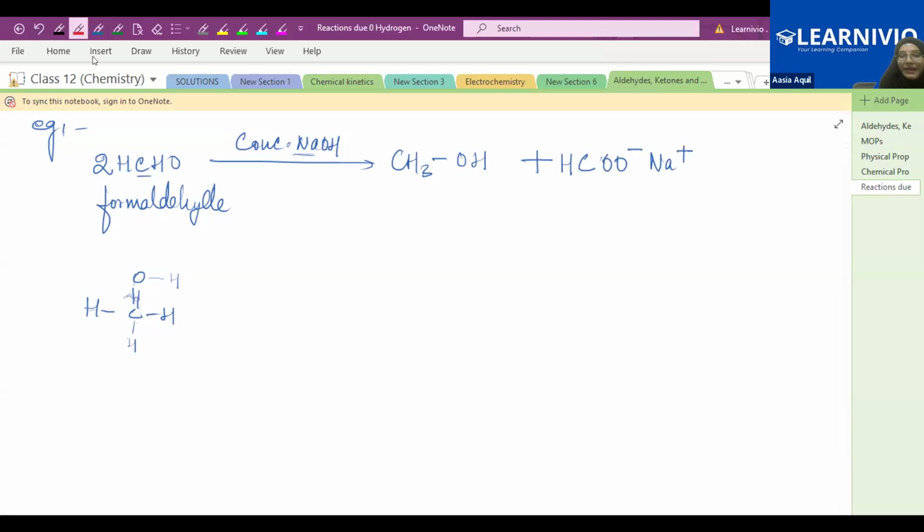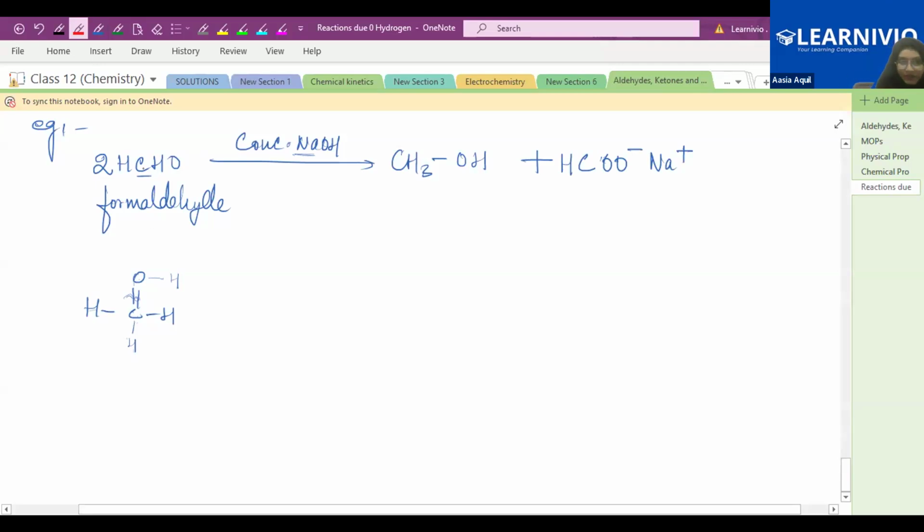So when formaldehyde, okay, what is Cannizzaro reaction? So here examples ये लेते हैं. Formaldehyde will undergo a redox reaction. First, the reduction product will be your alcohol, and your oxidation product will oxidize to a carboxylic acid. But here you are using the alkali, sodium hydroxide, so you will get a salt for that.